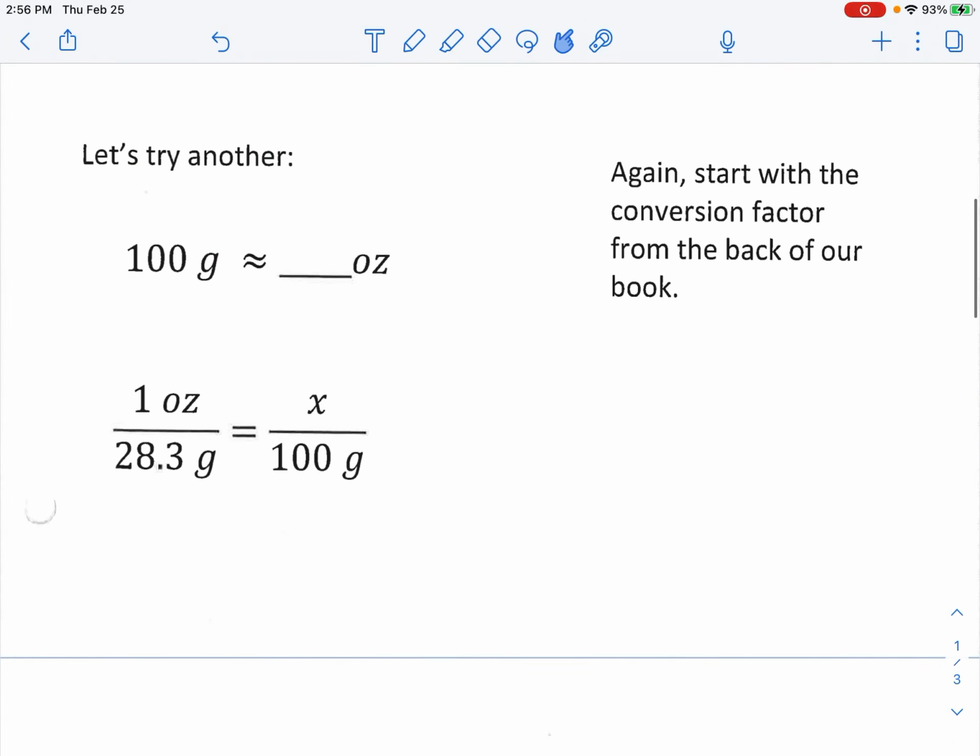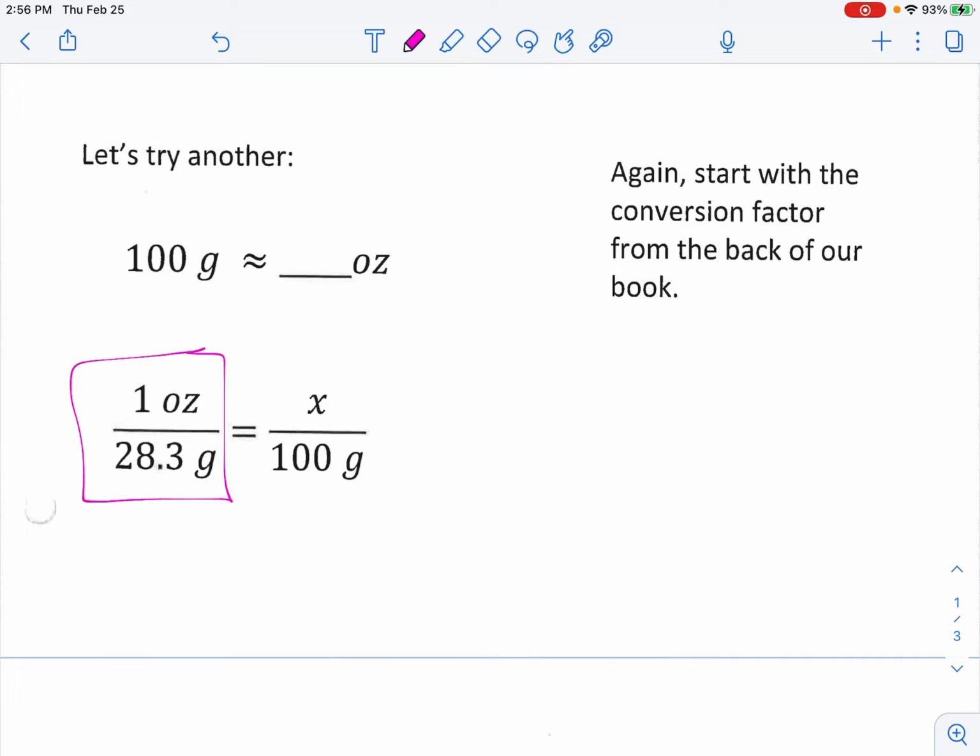All right, let's try another one. So 100 grams is about how many ounces? So grams is a metric unit of measurement. Ounces is a customary unit of measurement. So right down here, as you can see, I went to my reference sheet and I put my conversion from ounces to grams on the left side of my proportion.